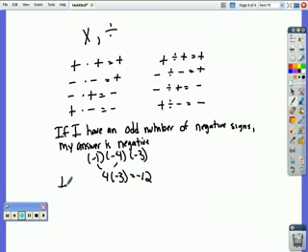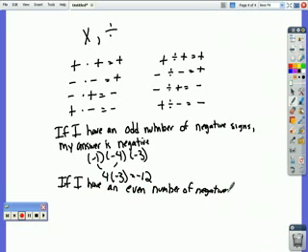Conversely, if I have an even number of negatives, you probably can guess this, my answer is positive. And I can give you an example of that.